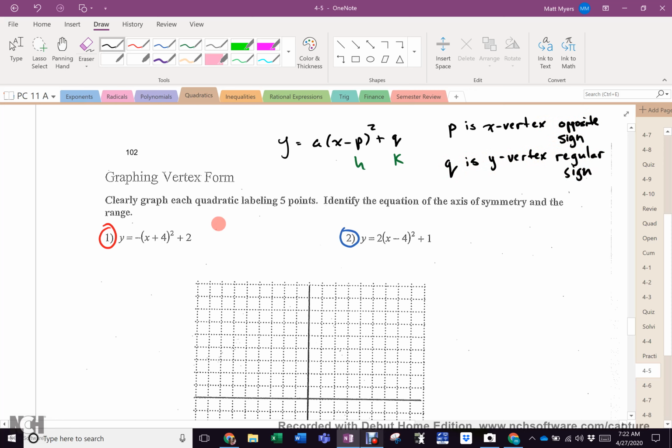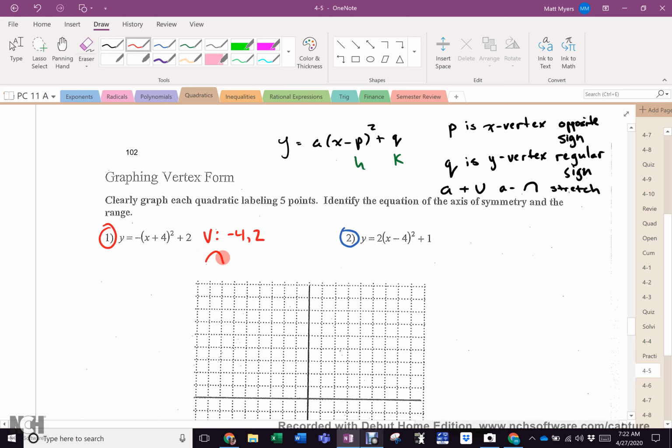So when I look at this first question right away, I know that the vertex is at -4, +2, and I forgot to write this. When A is positive, it goes up. When A is negative, it goes down. And A is the stretch. So here I can see it's a -A, so my parabola is going to go downwards.